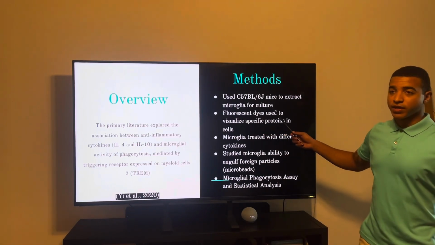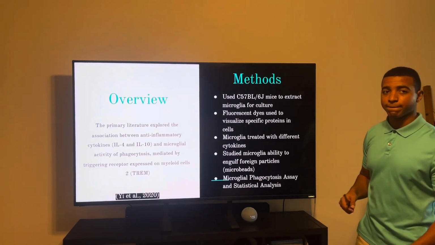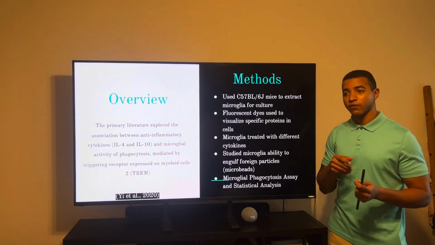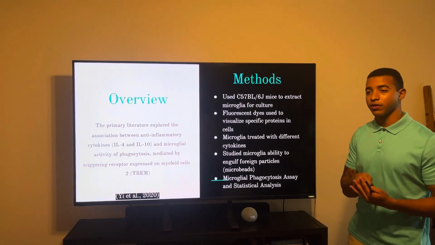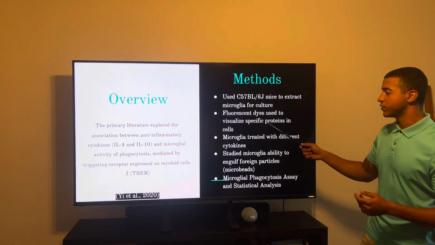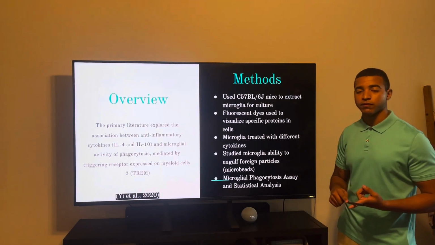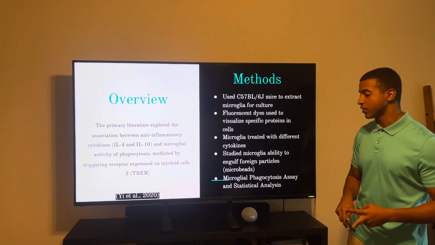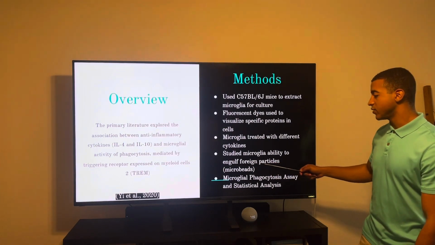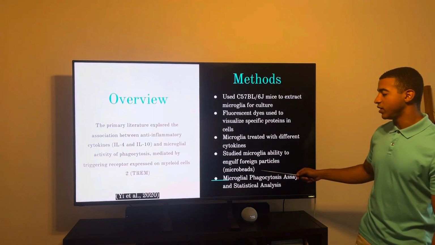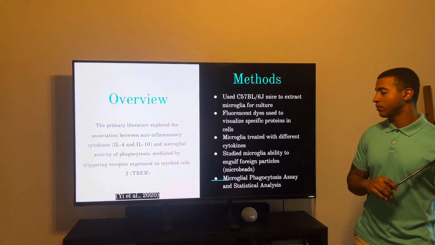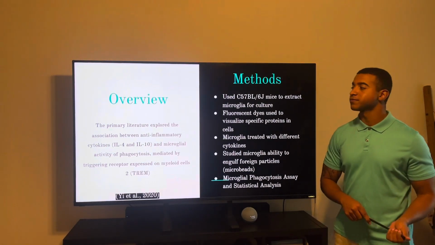What they did was they took mice, extracted the microglia, and put fluorescent dye on the microglia to see what's happening for specific proteins in them. And then they treated them with different cytokines, be it pro-inflammatory or anti-inflammatory cytokines. And then they studied their phagocytotic activity by seeing their ability to engulf foreign particles like microbeads.